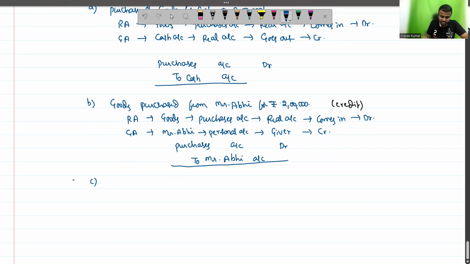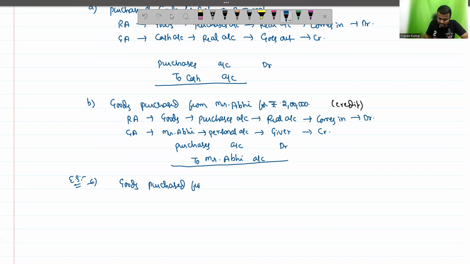So next one. For example, goods purchased from Mr. Bhargav, rupees 5 lakh, and for cash, rupees 2 lakh.